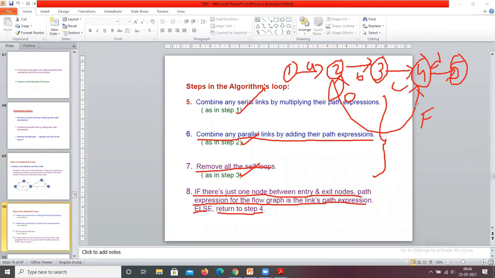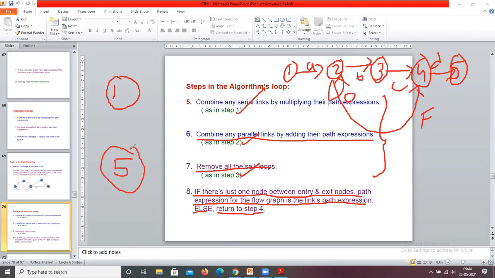Okay, let us assume this is the flow graph. Now in this, what is the entry node? The entry node is 1. What is the exit node? 5 is the exit node.